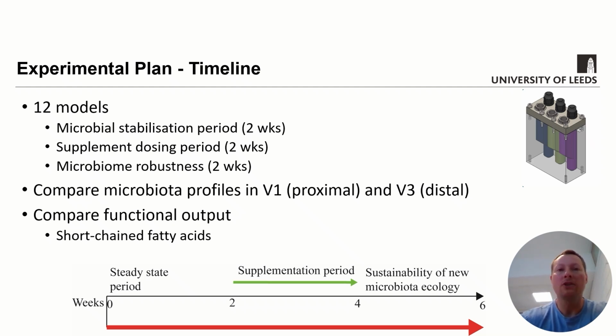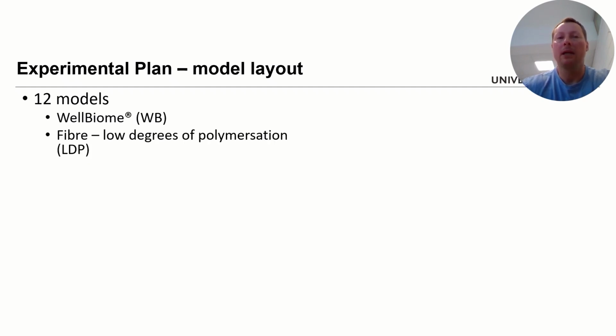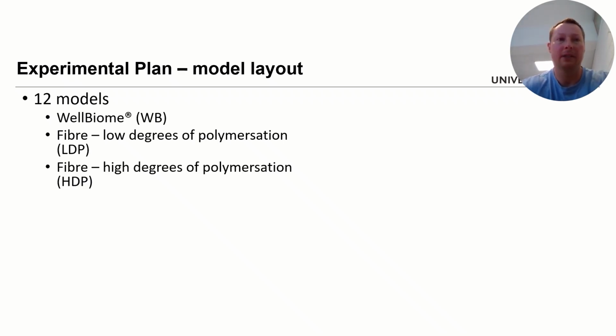So what does this really look like when we're doing our system? As I said, we had 12 models. 6 of these models were given WowBiome, and then 3 of these models were also given each a fiber with low degrees of polymerization, so in other words, a low molecular weight fiber, and also a high molecular weight fiber as well.